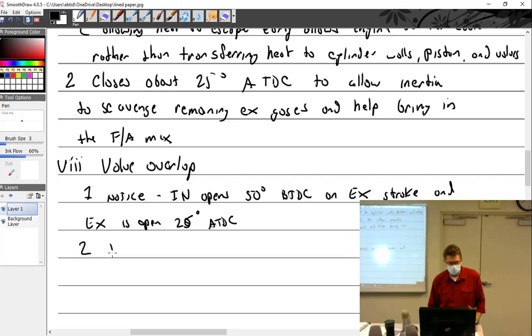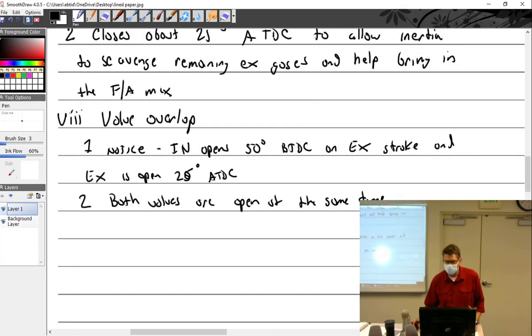Both valves are open at the same time. This is called valve overlap.